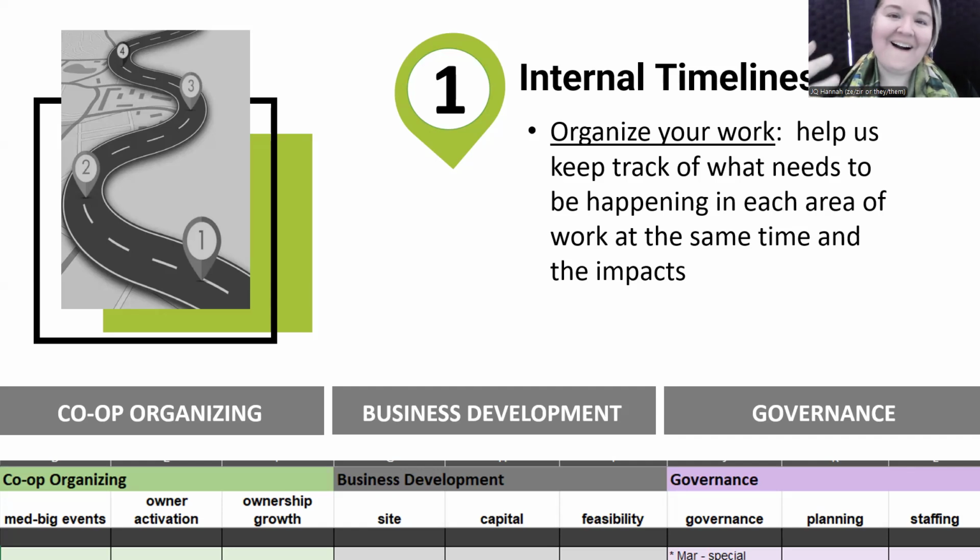But even as you learn to delegate to committees, to professional consultant support you've brought on, or maybe a little bit of staff at some point, so the board can focus on its oversight role, you're always going to be holding this pre-open, pre-GM. You're going to be holding the overview of all the work, making sure all the pieces are being addressed, and deciding who has authority over which pieces of work. So this is the board's tool.